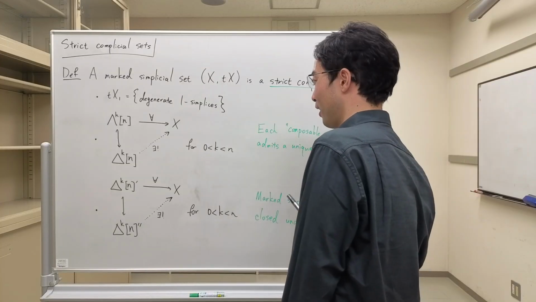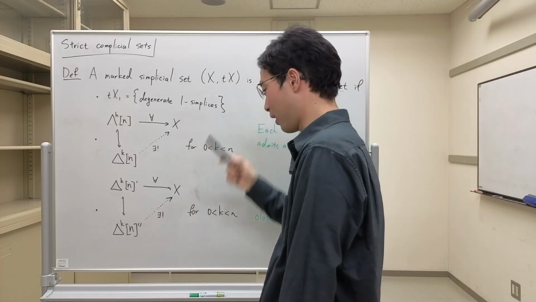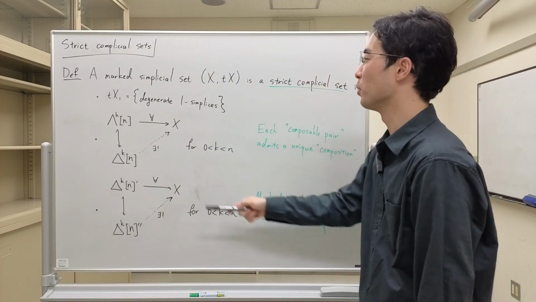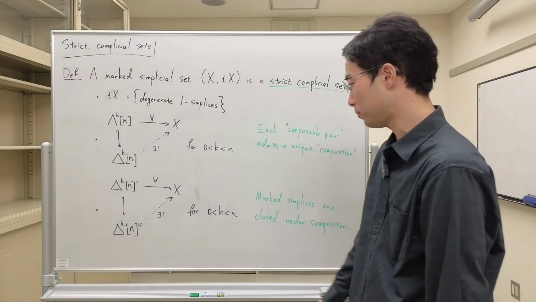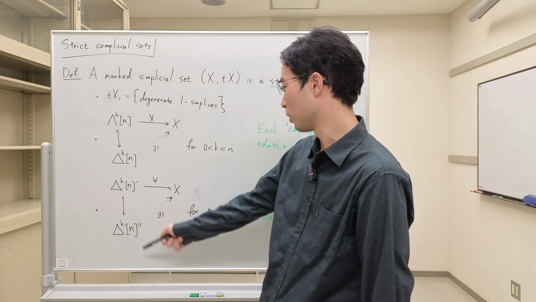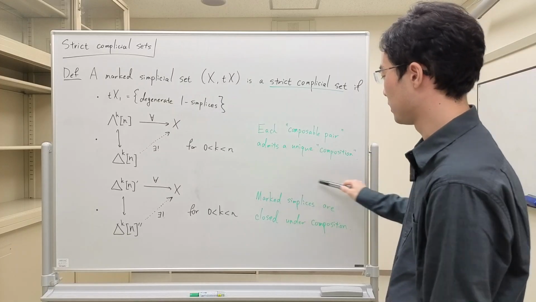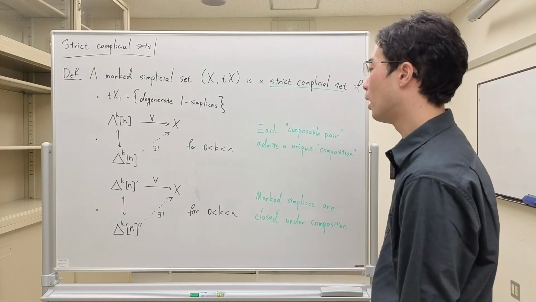In the next video, I will explain what these things are and why you can think of these things as encoding this kind of condition. The other condition is just saying that marked simplices are closed under this composition.